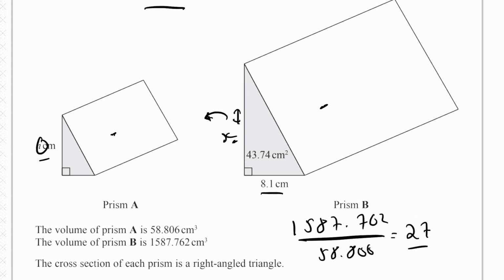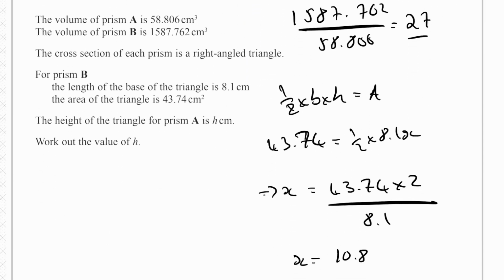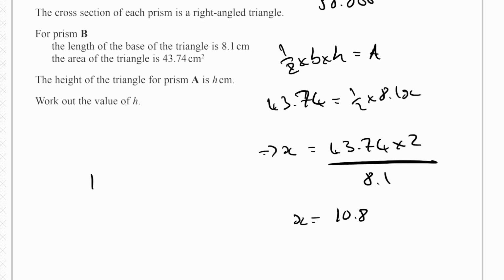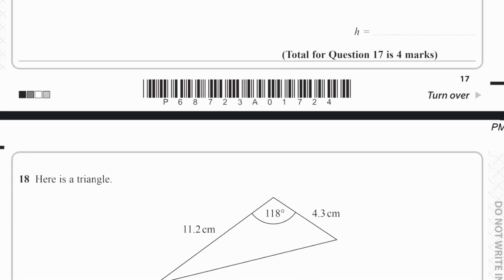Because essentially we went from centimeters squared with the area, so we'd have to square root to get back to that, and we'd have to cube root from the volume to get to just a simple length. So all we do is take that 10.8 and divide through by the scale factor, or the volume cube rooted. If you put that into your calculator, you should get the final answer of about 3.6. And that's your value for h.